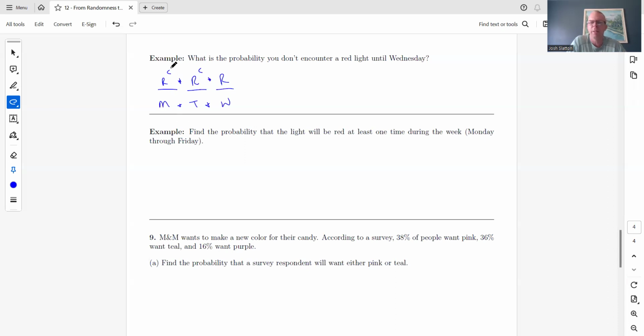So what's the probability you do not get a red on Monday? So if you remember from earlier, the probability of red was 0.61, if I remember right. What's the probability that you do not get red? So the probability of red complement would be 1 minus 0.61, which is 0.39.